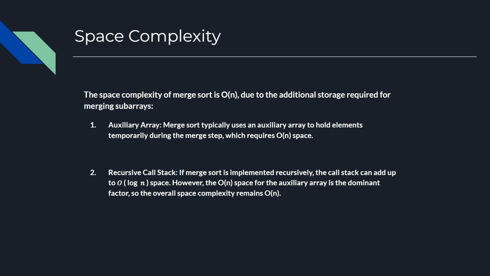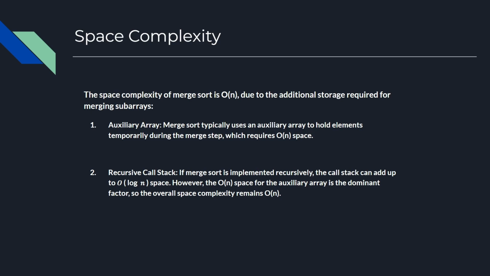If we implement MergeSort recursively, there is also some space used by the call stack. The maximum depth of recursion is log n. So the space used by the recursive calls is O of log n.